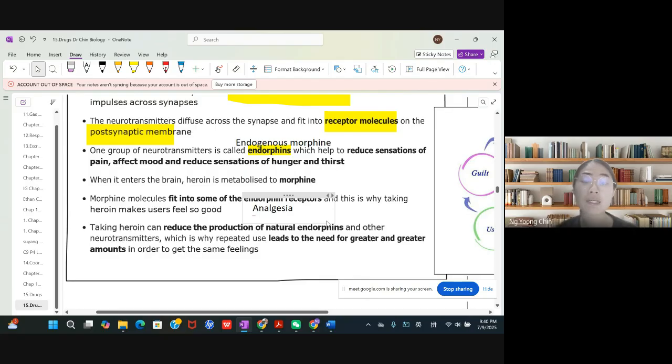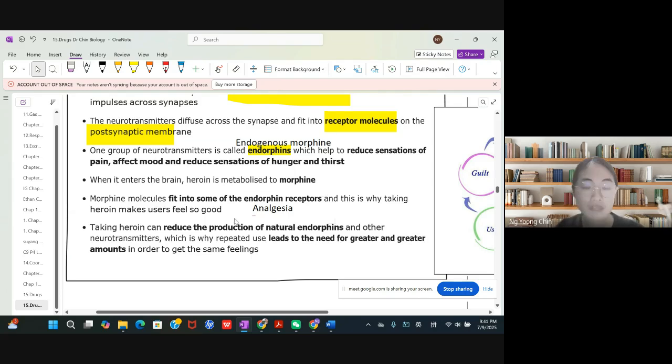Also, if you take a lot of heroin inside your body, your body will react like, wow, now I got a lot of endorphin, so I don't need to release my own endorphin already. I will reduce my production of endorphins. It means the body will reduce the production of natural endorphin because it thinks it already has enough endorphin. But actually, it's not natural endorphin, it's from the morphine, which is from the heroin.